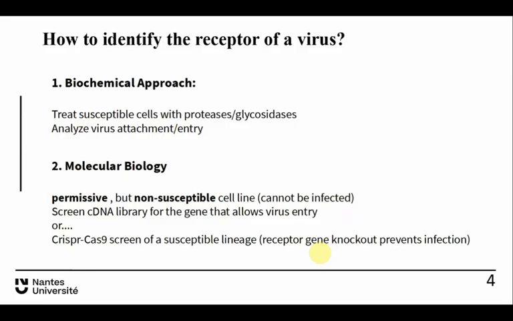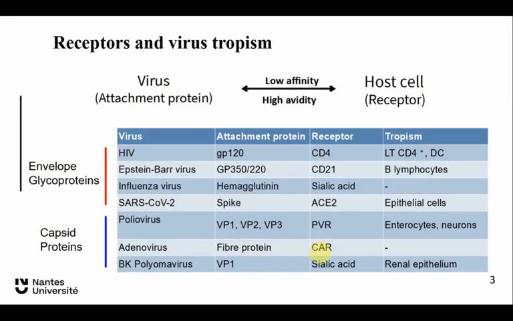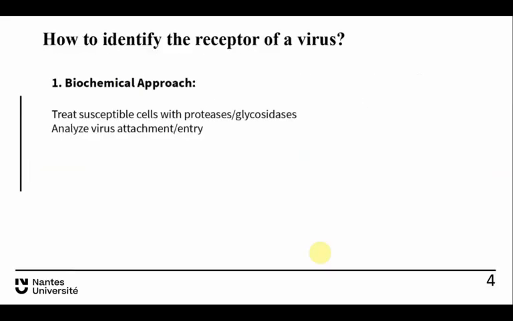Every cell that gets infected is going to die. So if you knock out the gene that allows the infection to occur, then those cells will survive. So you just have to collect the surviving cells and find out which gene got knocked out. Once you do this, you can say, okay, this molecule is my receptor or co-receptor or something.